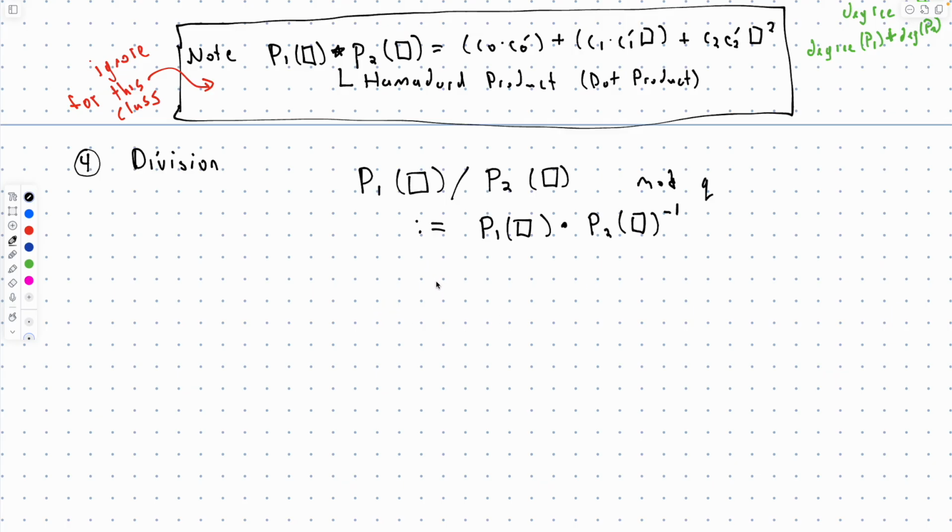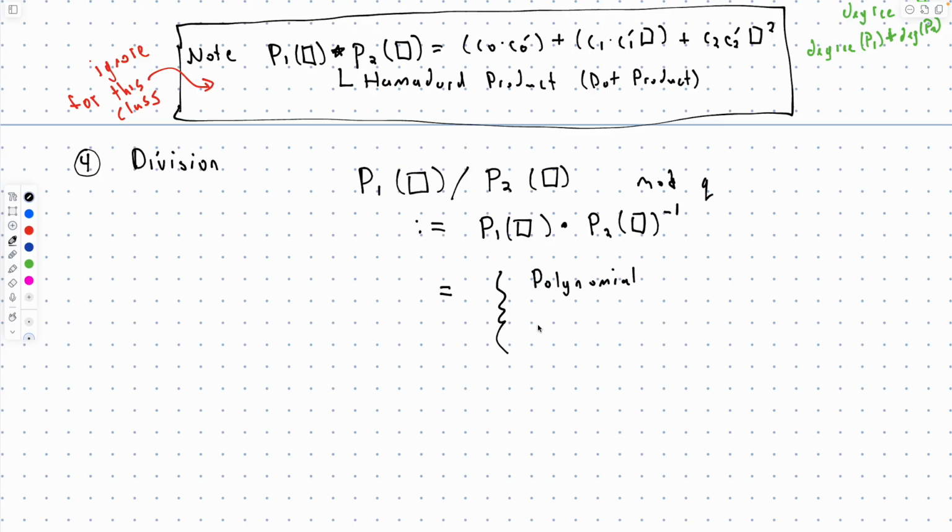But okay, so P1 divided by P2 mod Q. First off, does it always result in a polynomial? And the answer is no. There could be P1s and P2s that are not divisible by each other; they're not actually going to divide. When we divide them, we're either going to get a polynomial, or something that's kind of like a polynomial over a polynomial.